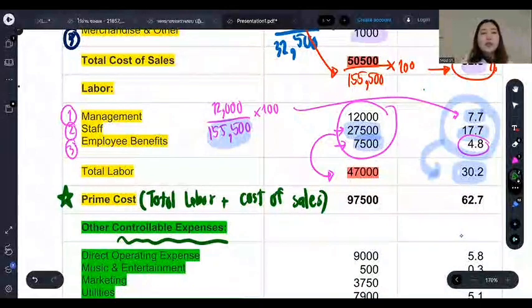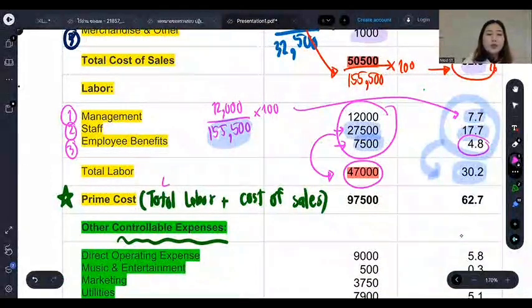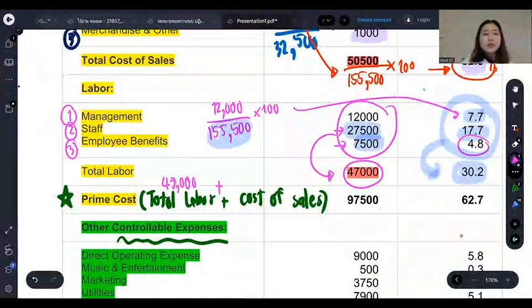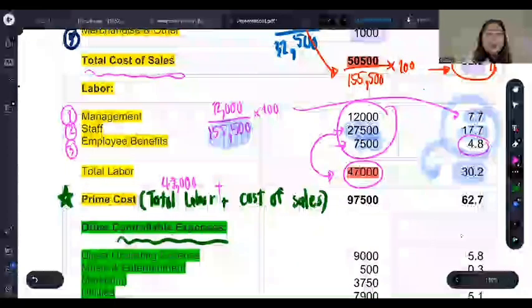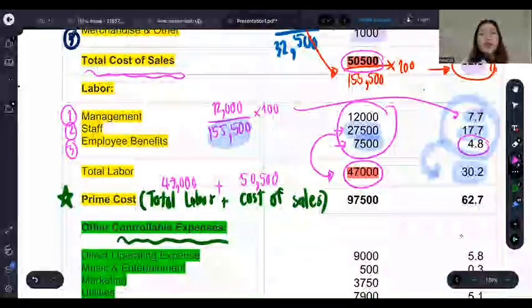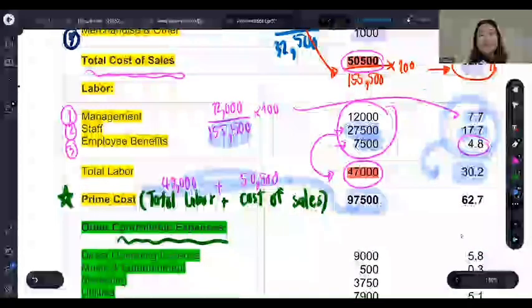Which is the total labor cost, we can use this amount, which is 47,000, add with the total cost of sale, which is 50,500. And after we add it, we will get this number.